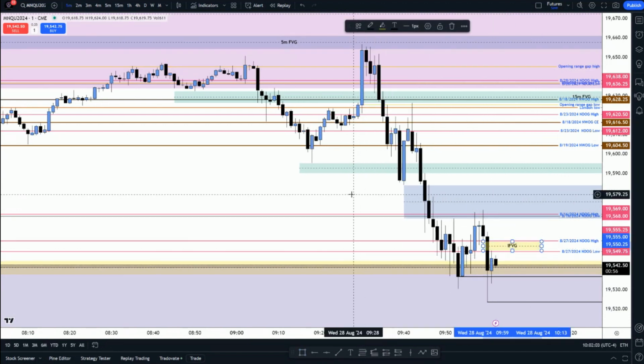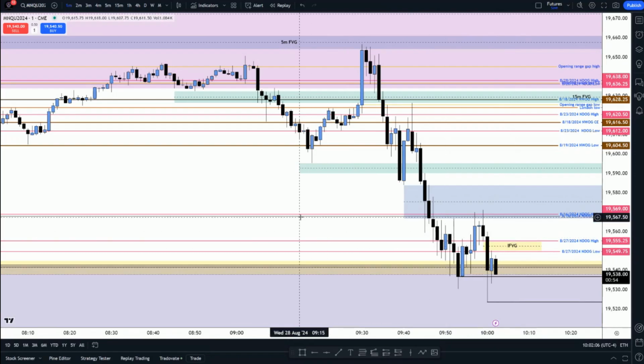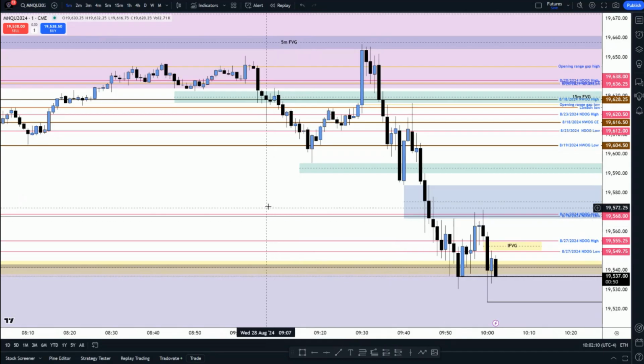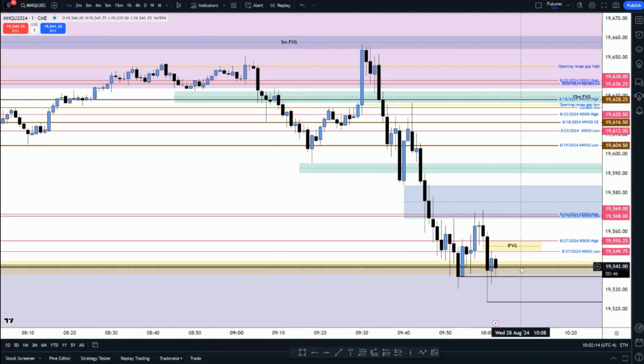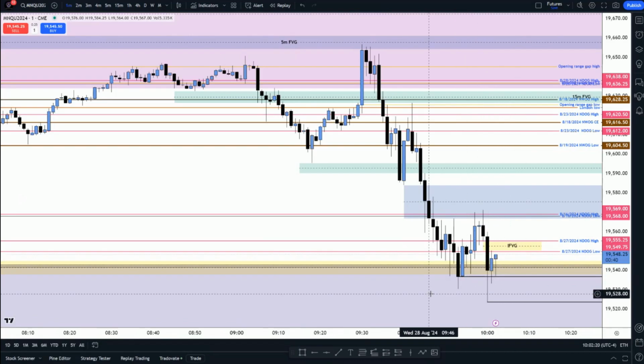So I'm going to mark it as an inversion fair value gap. I want to see the bodies continue to close above this line that I drew. And I want to see this come up and get inverted. Then I'll look for a long off of this to go.